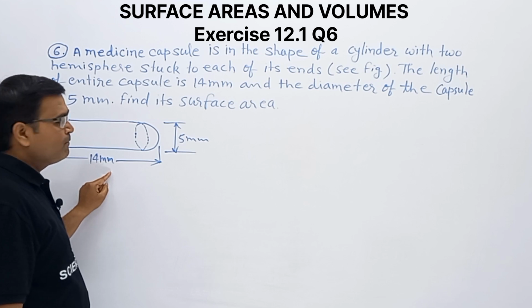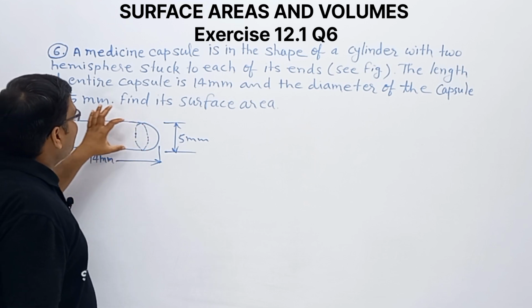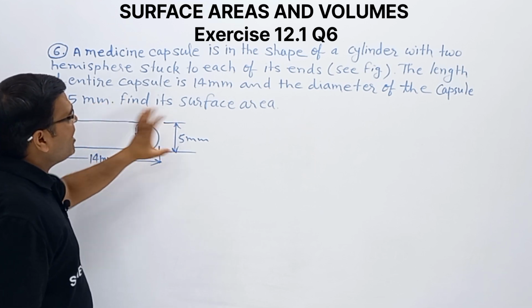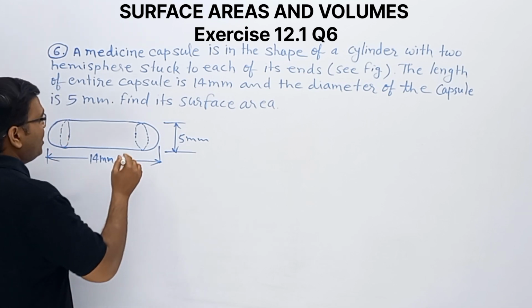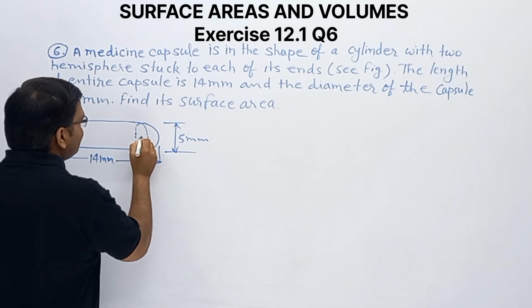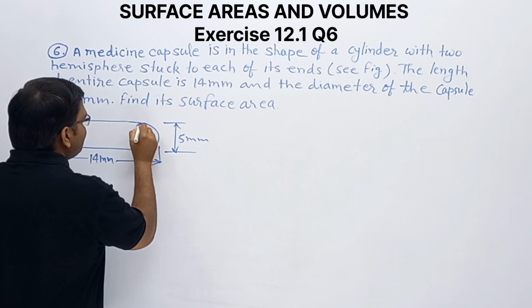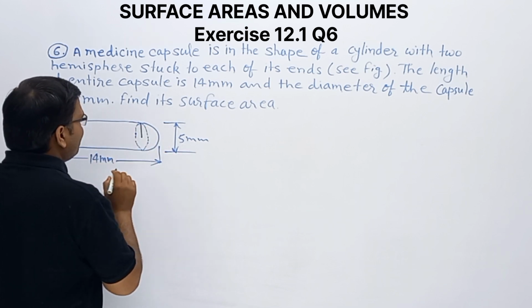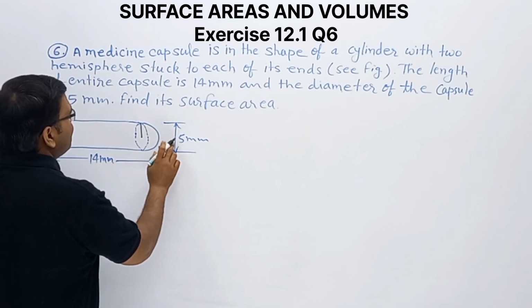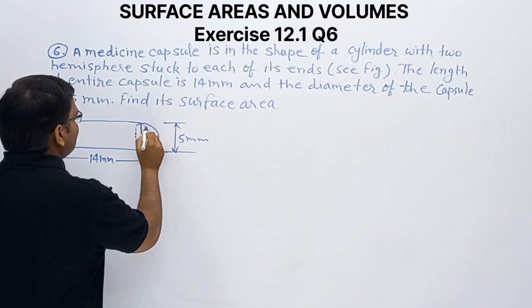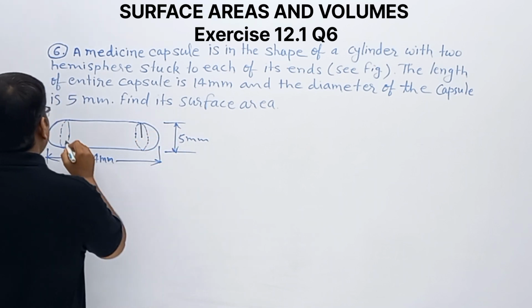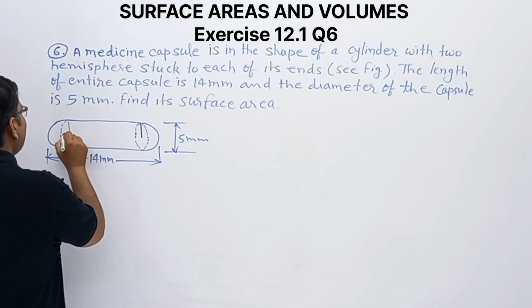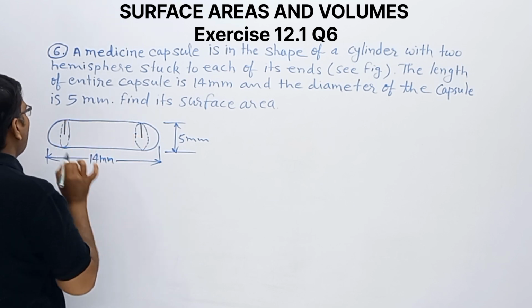14 mm, and its diameter is 5 mm. It means the radius is half of this, which will be 5/2 mm. Clear? And similarly its radius will be 5/2 mm.